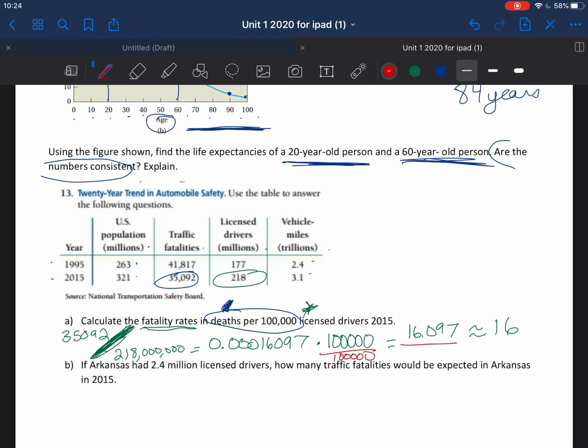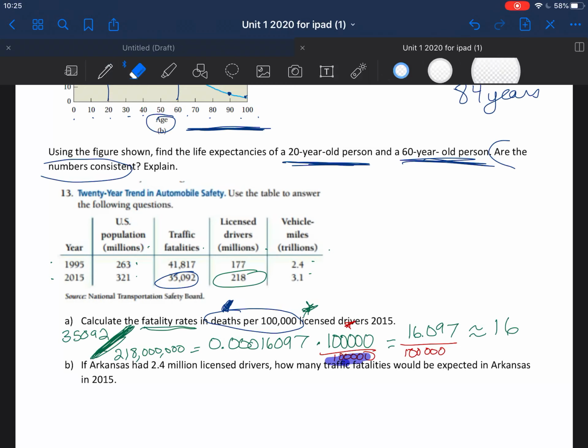So this is 16.0097 per 100,000, right? And you can multiply by a fraction as long as you have the same numerator and denominator. So multiplying by what we want the per, in other words the denominator, to be will get us that number. So that's one way to think of it.